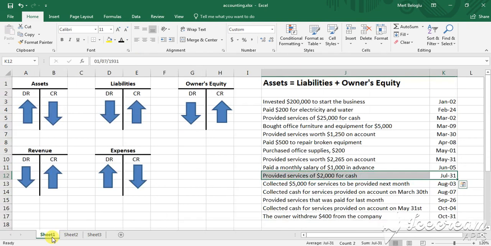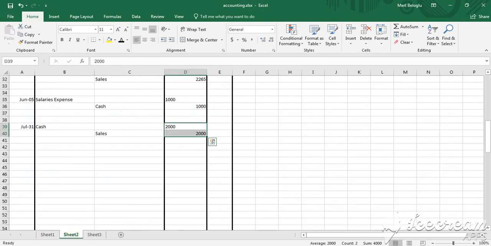Our next entry collected $5,000 for services to be provided next month. The key term here is next month. So what's happening here is on August 3rd, we are collecting cash, but we haven't provided the service yet. This means we have a special liability account called unearned revenue.